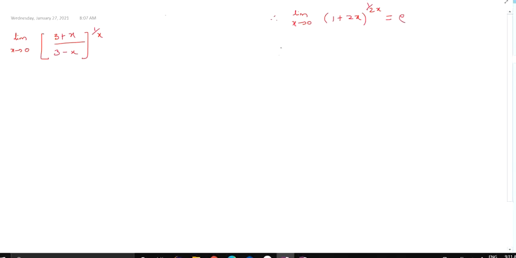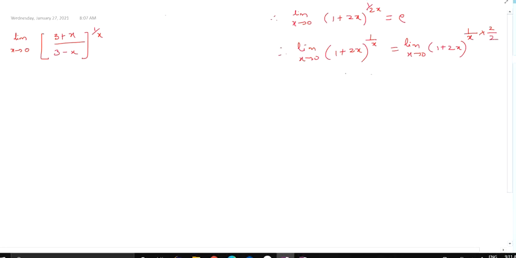If this is not the case, then we have to adjust that. How? If we have 1 plus 2x, its opposite should be there. If we have only 1 by x, then we have to adjust that 2x. So how we can adjust? Yes, by using our general routine criteria, that is multiply and divide. So x into 2 by 2.